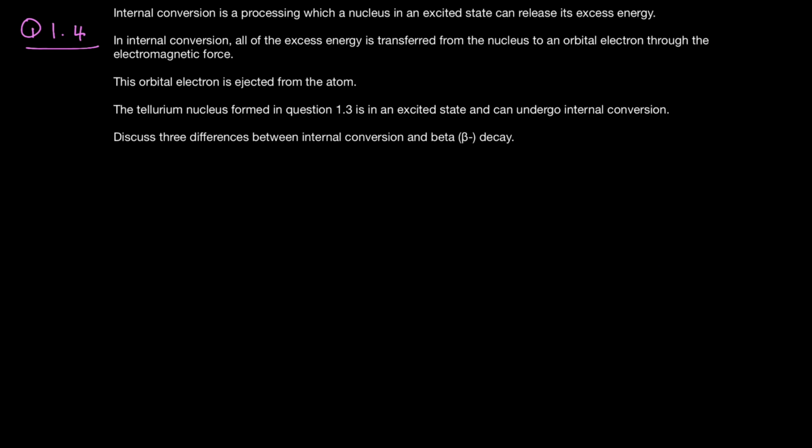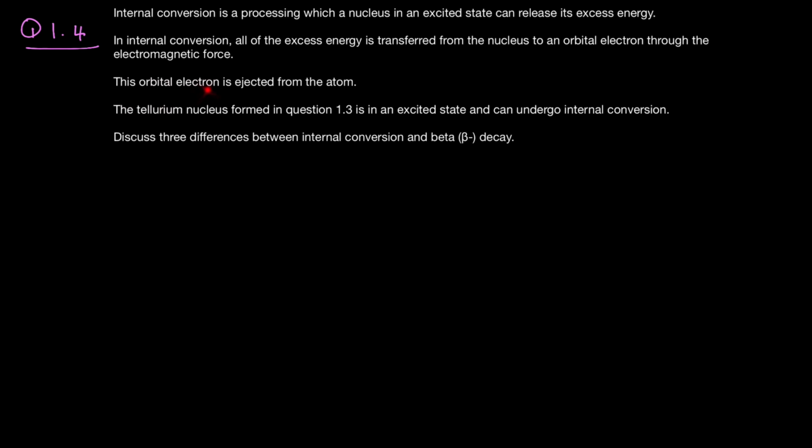Question 1.4. Internal conversion is a process in which a nucleus in an excited state can release its excess energy. In internal conversion, all the excess energy is transferred from the nucleus to an orbital electron through the electromagnetic force.